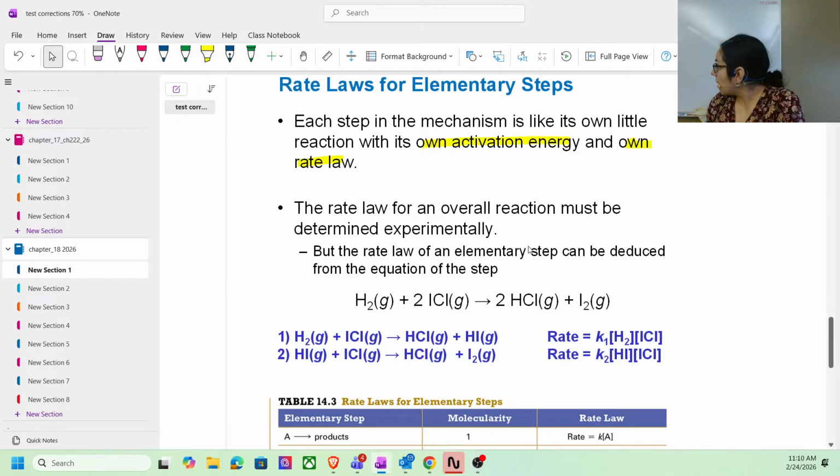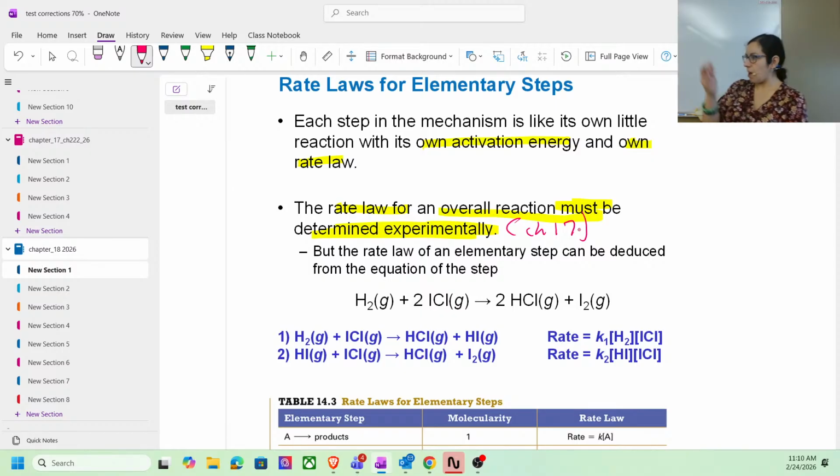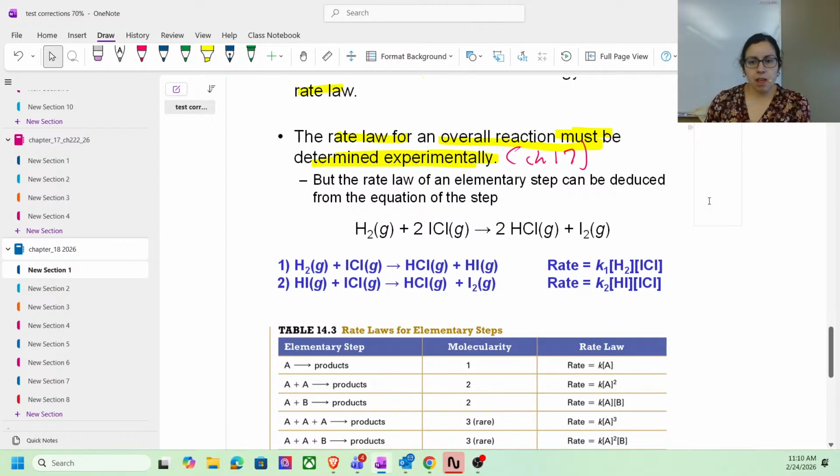I think we're going to see this like 100 times: the rate law for an overall reaction must be determined experimentally. That was chapter 17, essentially: we have to have the data. Okay, so now that we have the data, we can figure out our rate law and then determine if it matches. This is how we break it down.